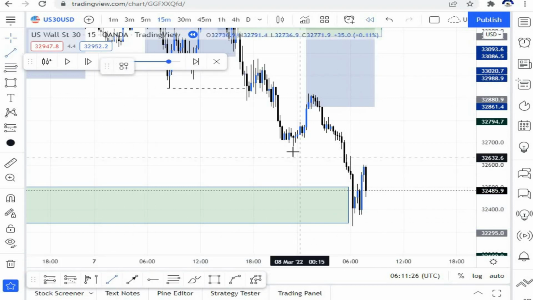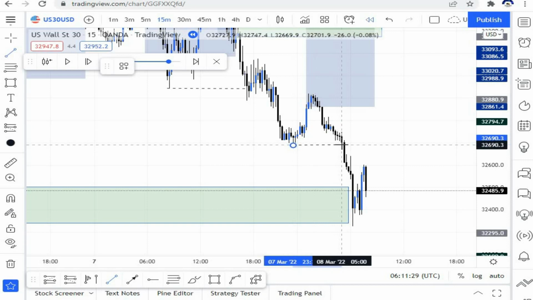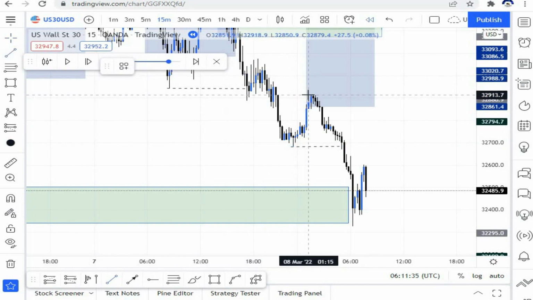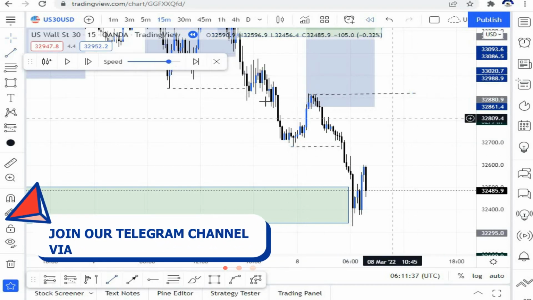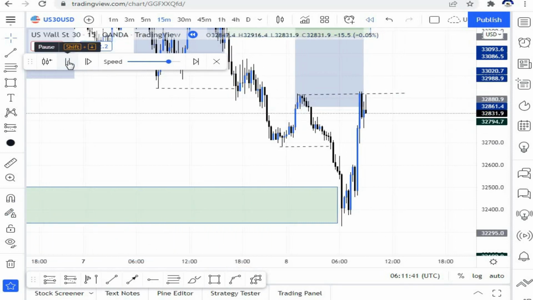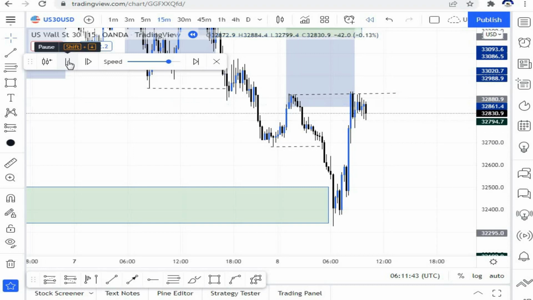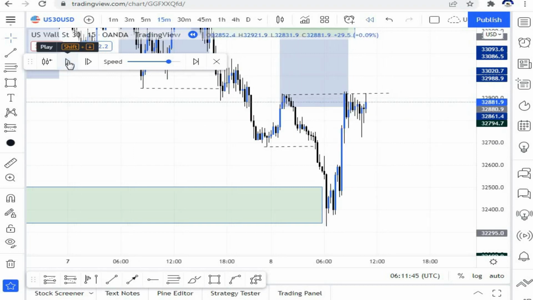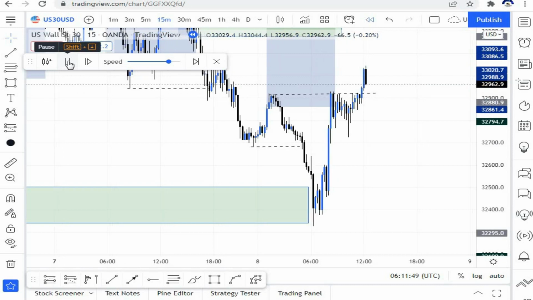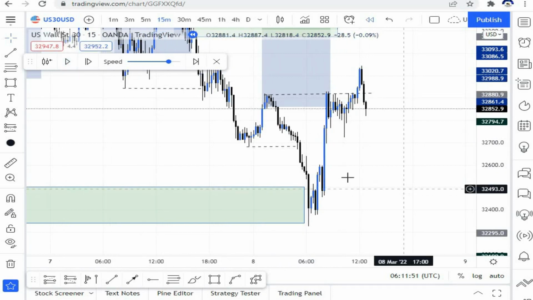We had this break of structure here, so we'll be waiting for change of character. Right, a change of character. Let's see what the price will give us. Now the price has taken out the structure, as you can see.